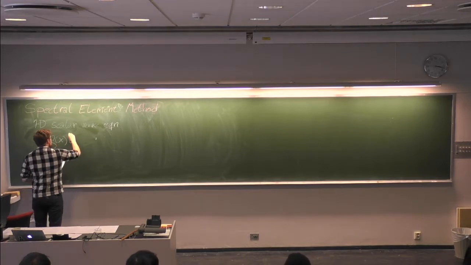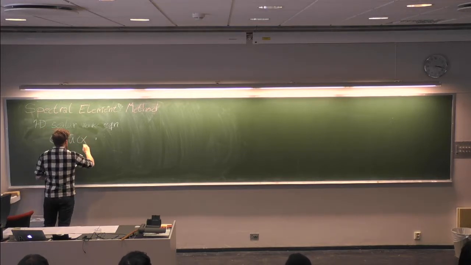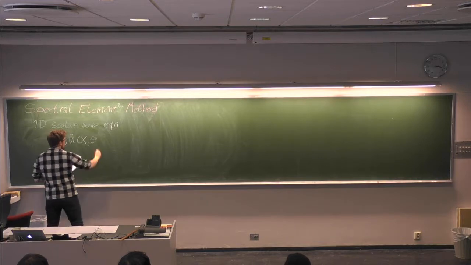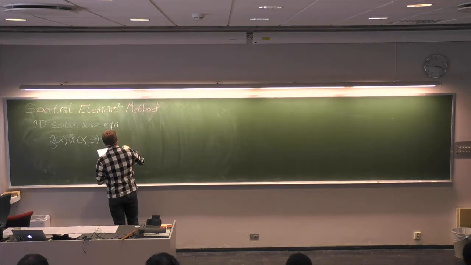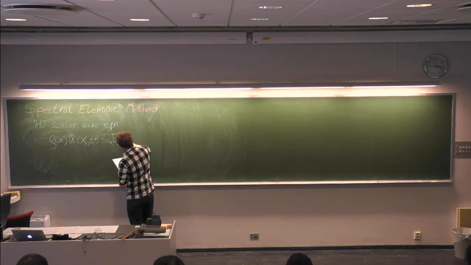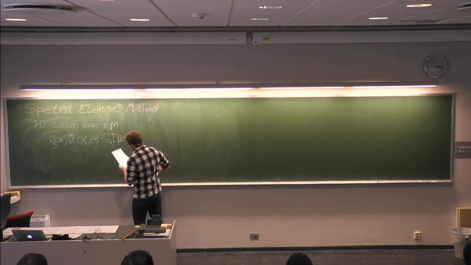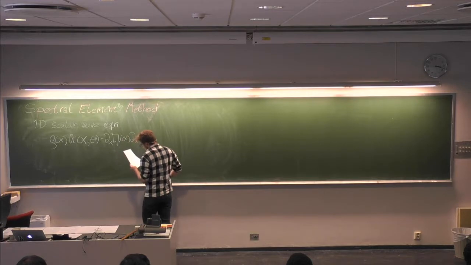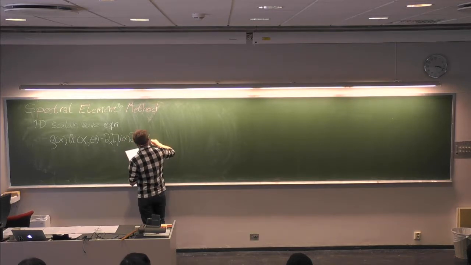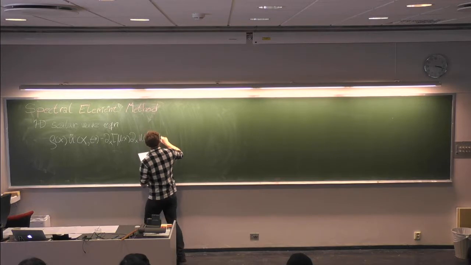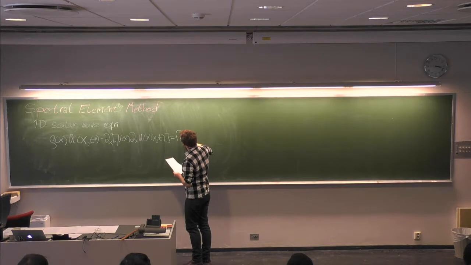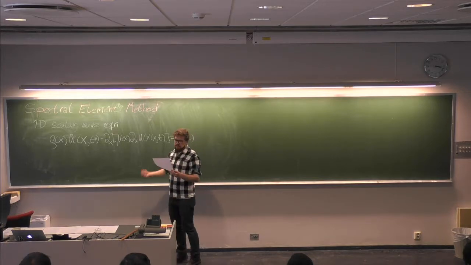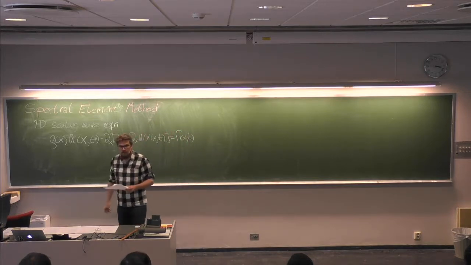Then you have the double time derivative of the displacement u, which is a function of x and t, minus the partial spatial derivative of the elastic parameter mu, again with a spatial dependency, times the spatial derivative of the displacement u of x and t, equals a function f, like a driving force. For instance, inserting the source as you did in the project.